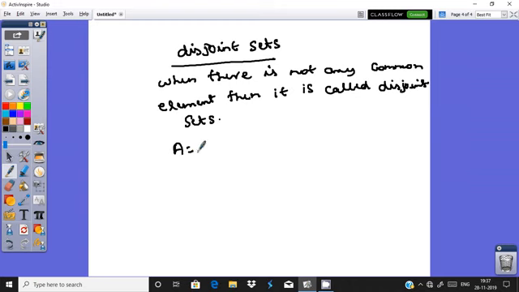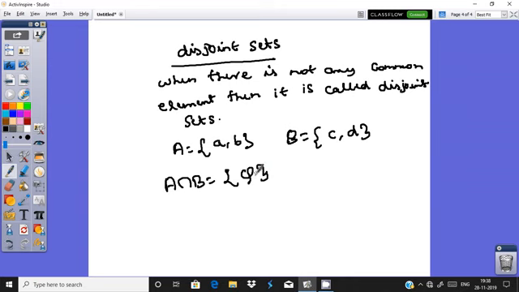So I'll write like this: A equal to {a, b} and B equal to {c, d}. We can see that there are two sets, and both do not have any common element here. So what is a disjoint set? A disjoint set is one where A intersection B results in the empty set. So we are not able to find any common elements here. So these two are called disjoint sets.